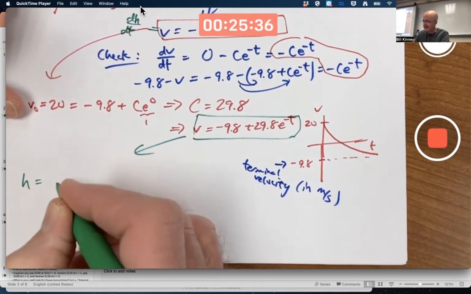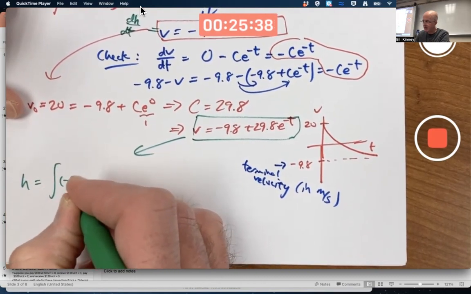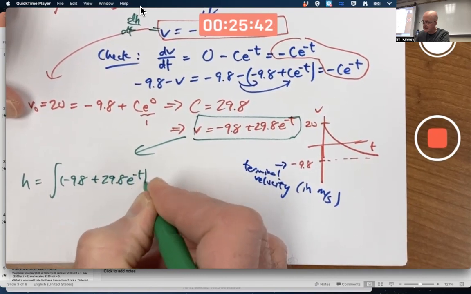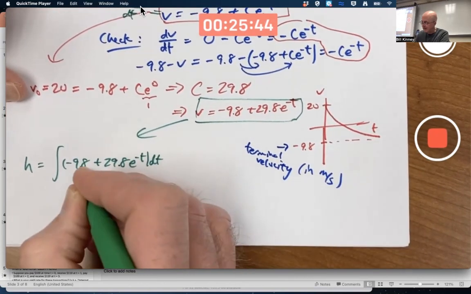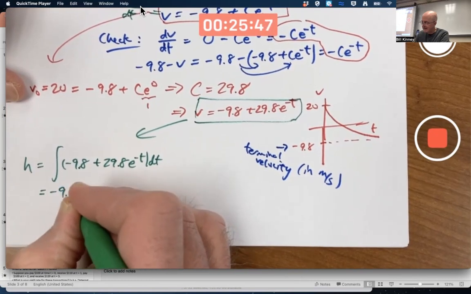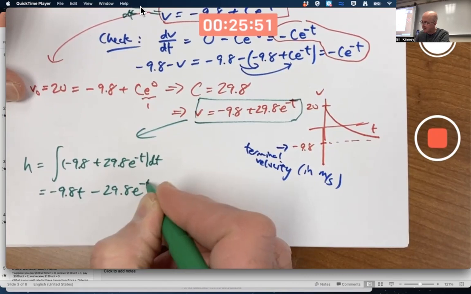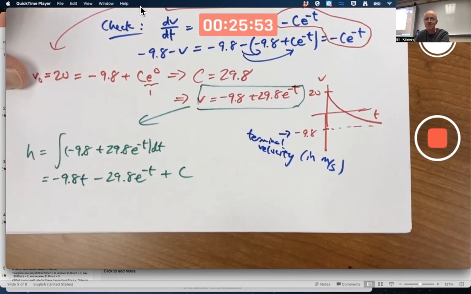Integrate, and you're going to get h is the integral of negative 9.8 plus 29.8 e to the negative t dt. That'll be negative 9.8 t minus 29.8 e to the negative t plus c.